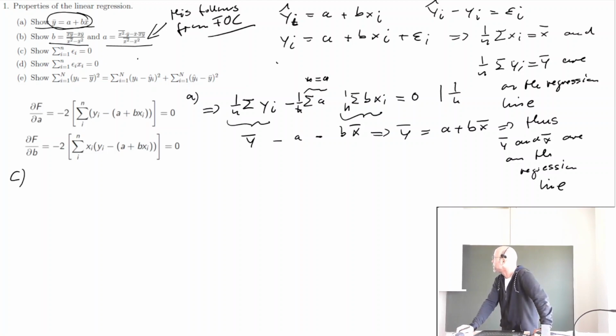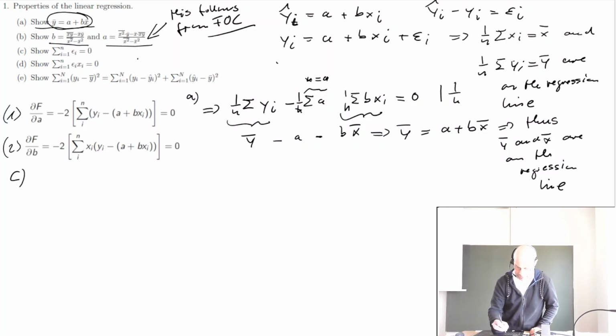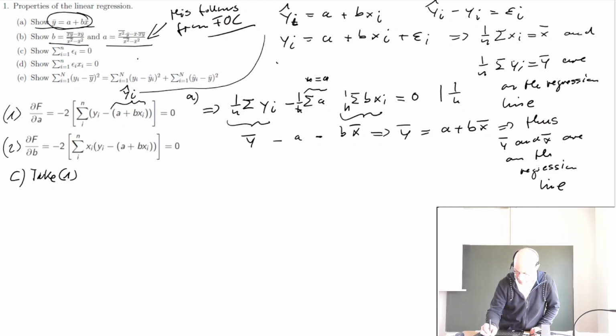This actually can also directly be seen from the first order conditions. Take the first one, and then we know that this is y hat by definition, if we look at this.